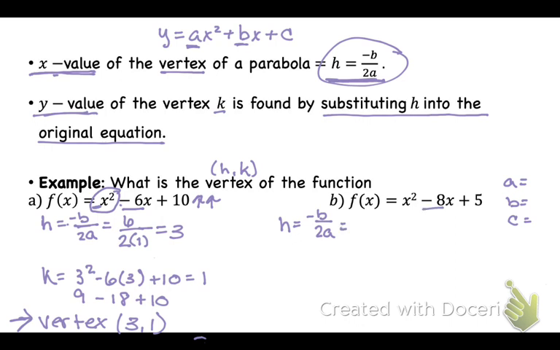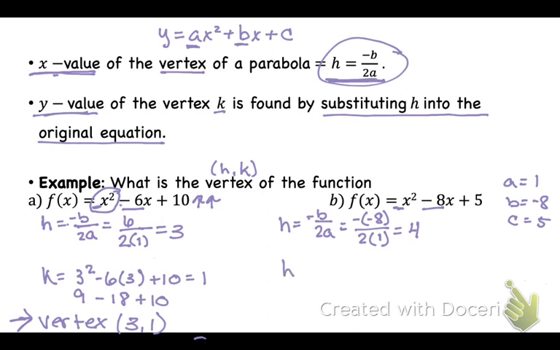Negative 8. So a negative and a negative is a positive. Over 2 times a. And what is a? 1. So I have positive 8 divided by 2 is 4. Now that is the h of the vertex.